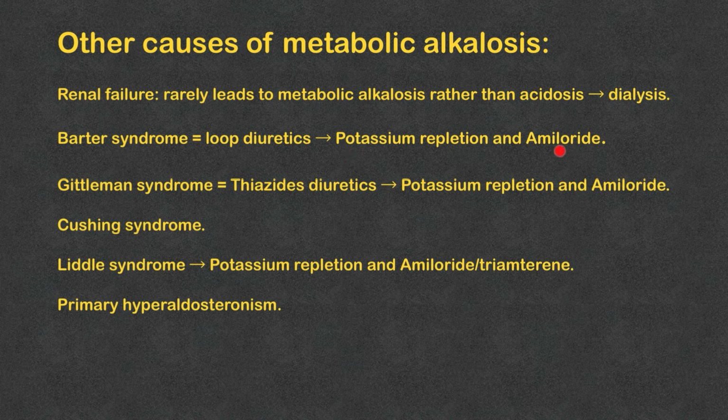Replete potassium and add amiloride or spironolactone. Gitelman, as if you give thiazide diuretics, again potassium repletion and amiloride. Cushing syndrome, we cannot talk about the treatment here, but you need to treat Cushing syndrome. Liddle syndrome, the same: potassium repletion and amiloride and triamterene. And primary hyperaldosteronism, you can give spironolactone. Rarely you will encounter any of these disorders, and you can just look them up.